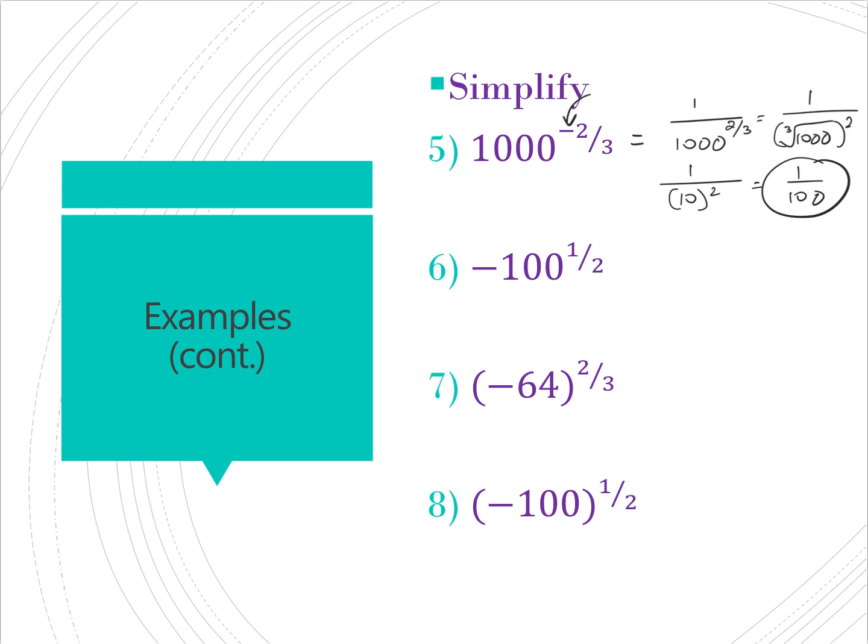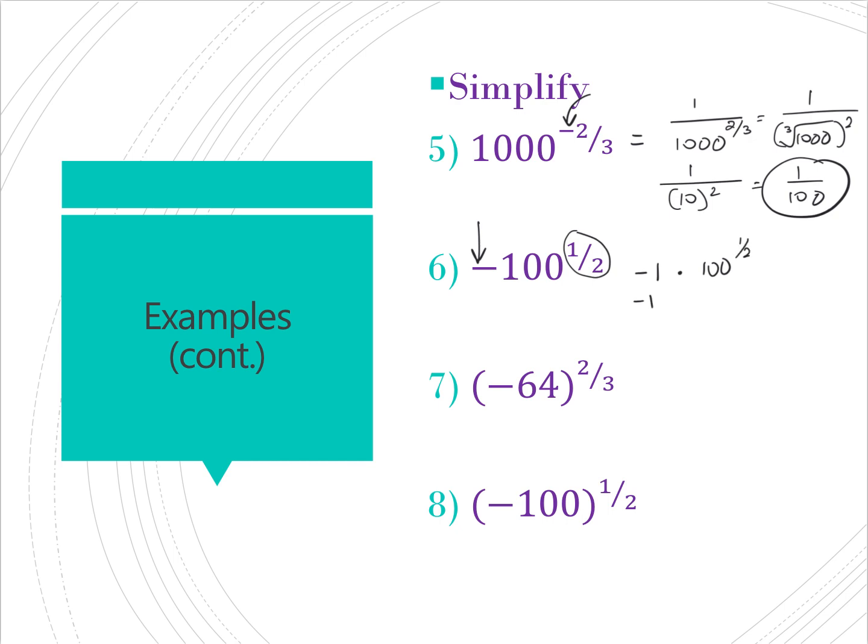Now, when I go to number 6, this one's a little bit tricky because notice you've got this negative here. Your exponent is positive, so that's okay. And so what happens is the negative is not being raised to the 1/2 power. So again, this is kind of like -1 times 100 to the 1/2 power.